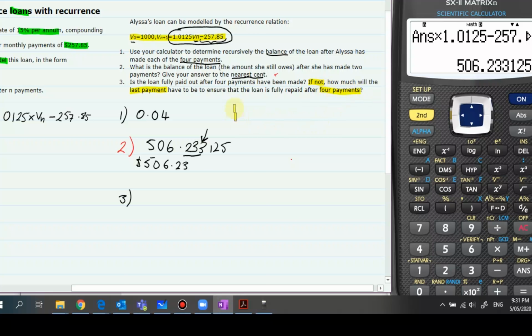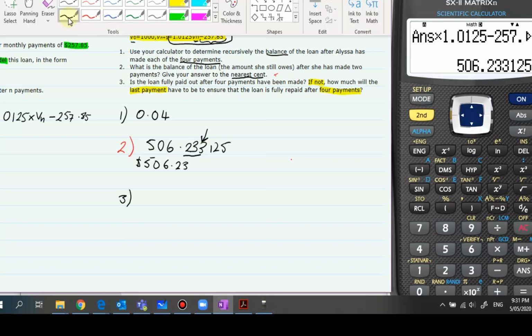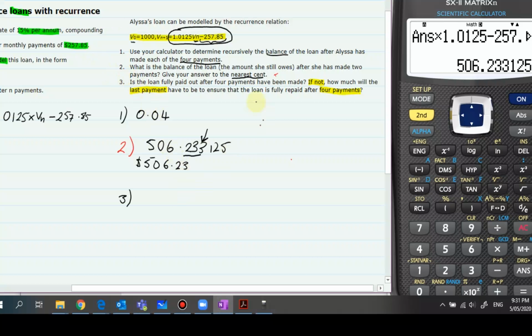Okay, so the key here is that if the loan isn't fully repaid after the 4 repayments, we need to know how much extra we should pay. So number 1, was the loan fully repaid? Well, our answer is right there. No, it wasn't fully repaid.